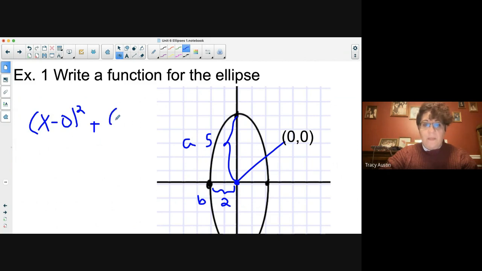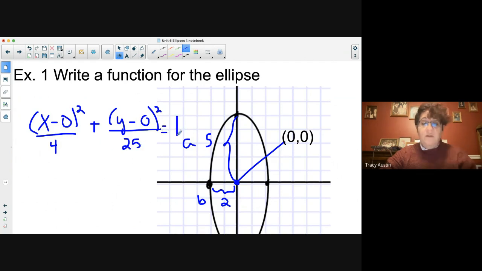Doesn't matter. And then y minus 0 squared. And then how far we stretched along the x, 2. 2 squared is 4. Along the y, 5. 5 squared is 25. Yes, you do really need to actually write out the squared terms. Don't leave them as 2 squared and 5 squared. Equals 1. And then you've written the equation for that ellipse.